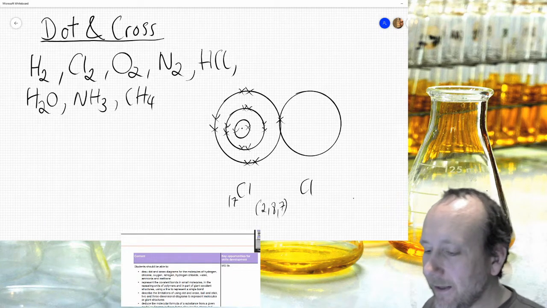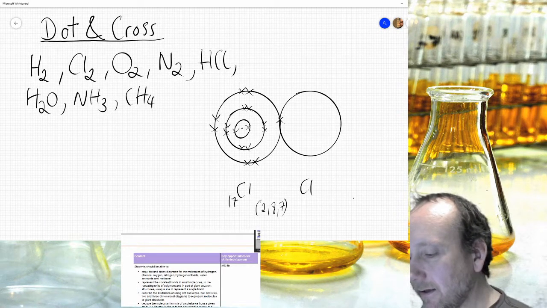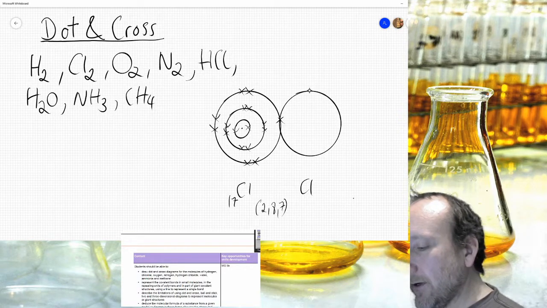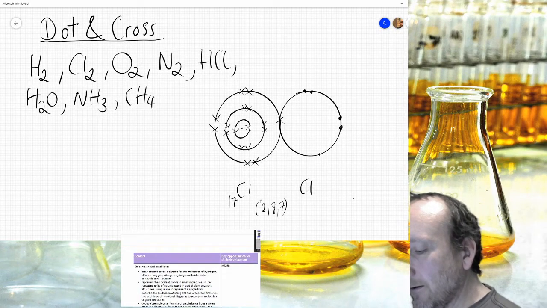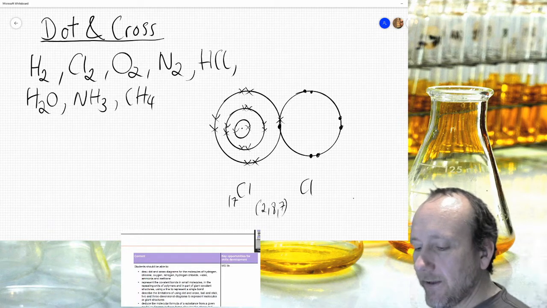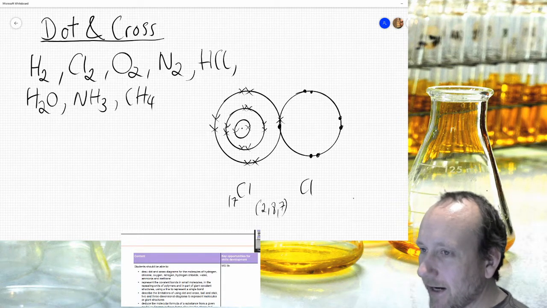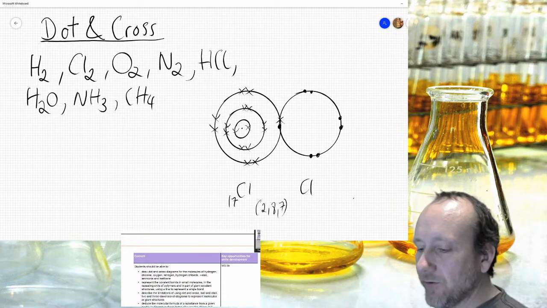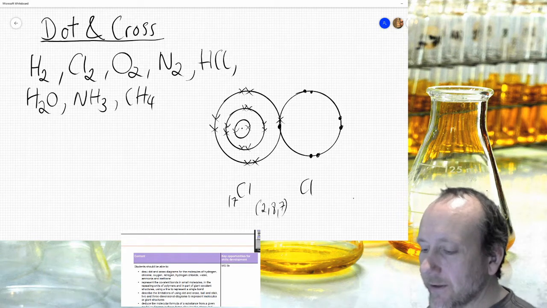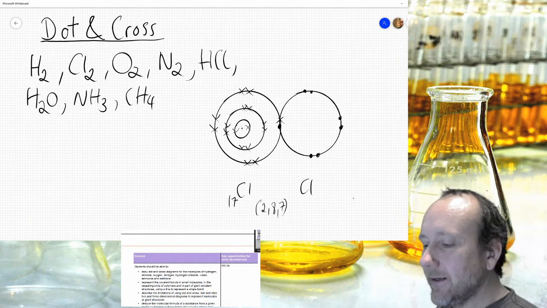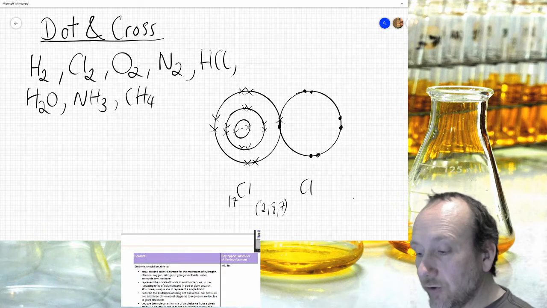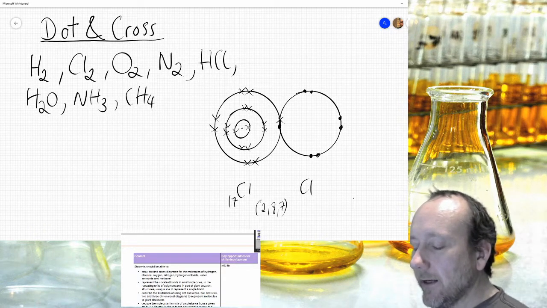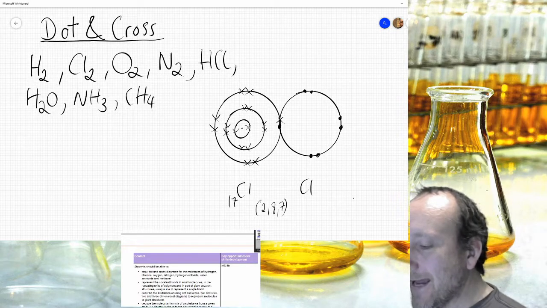Now, in the exam, you're likely to get a pre-drawn diagram, probably with just the outer shells, and all you need to do is stick 2 electrons, 1 each from the chlorine. In that sense, it's quite similar to the hydrogen, but we only have to share 1 because it already has 7, and if you put 1 in the pot and receive 1 in the common pot, then you have a share of 2 electrons and an overall outer shell filled with 8 electrons.